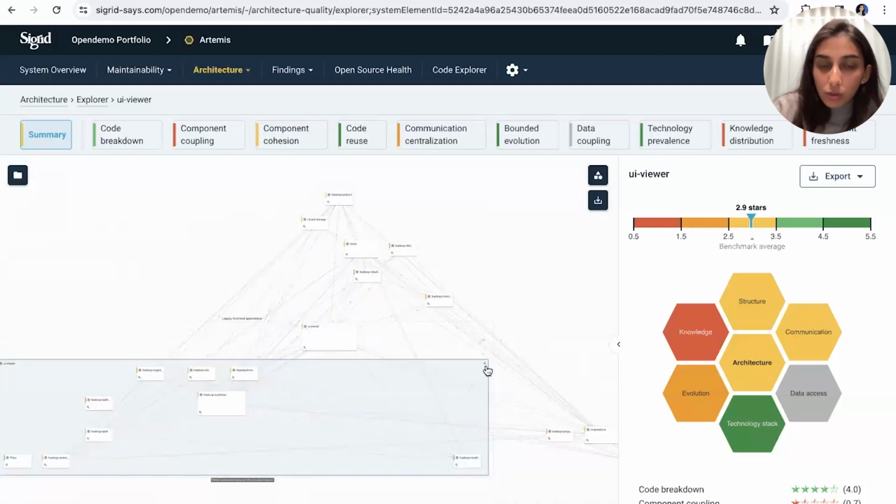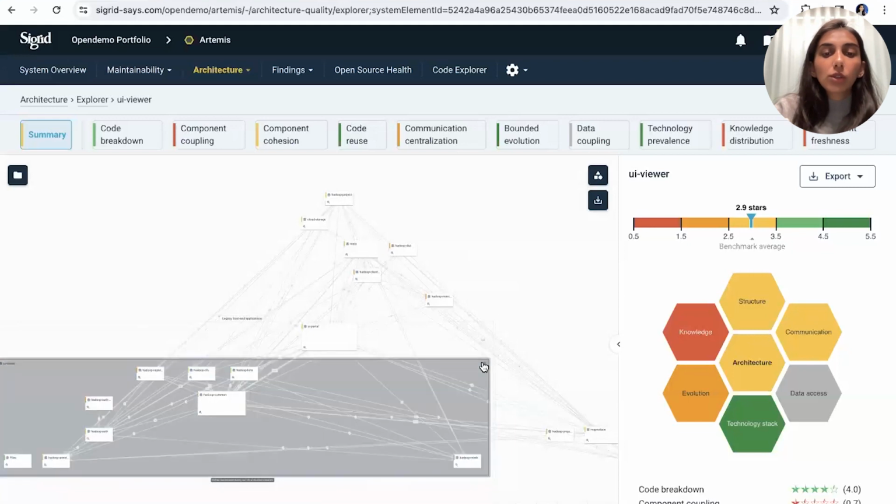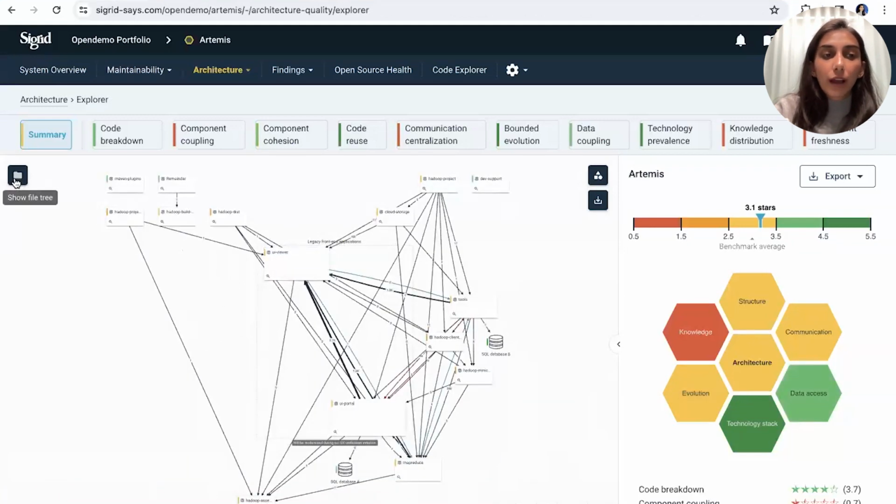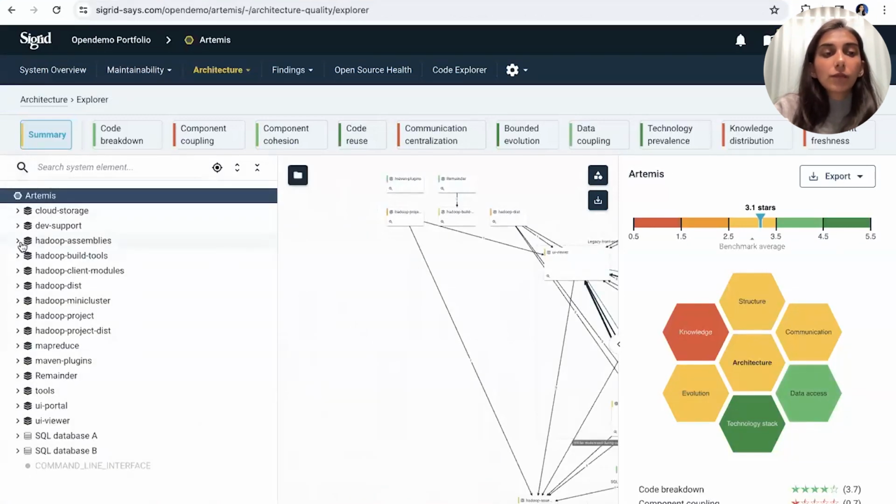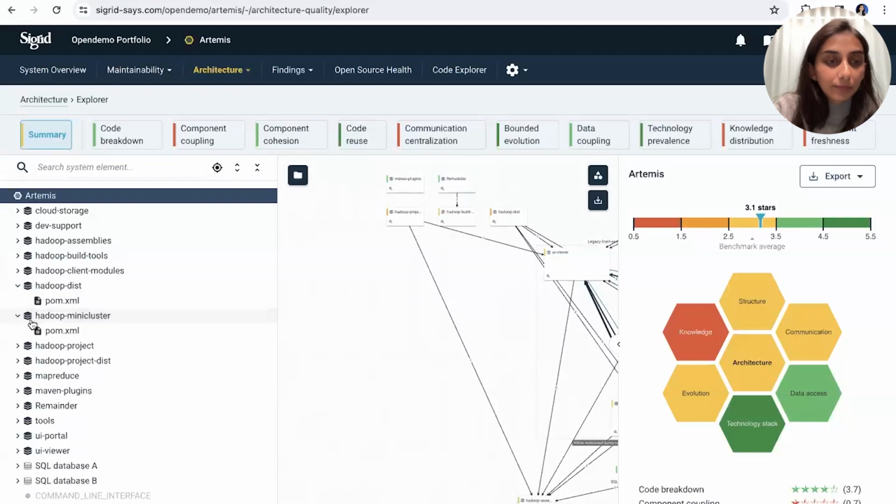So also, I can imagine while you are looking at a system just like the one that I am looking at, things become complex when you start drilling down. And this canvas then doesn't become a lot handy when you have to do such things. So for that, what you could do is you can just use the file tree at the left side. And this file tree, if you want to look at a particular subcomponent, for example, let me find a nice one.